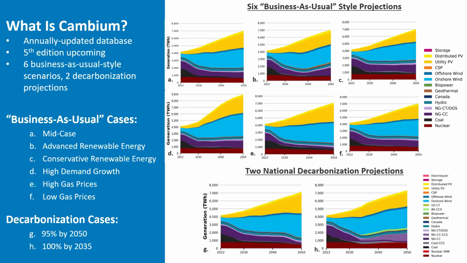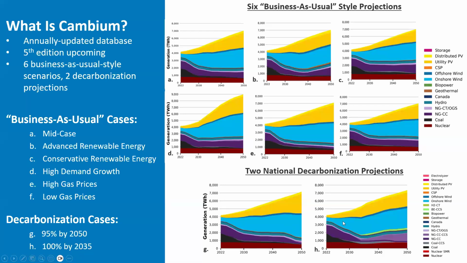And then, like I said, these are the 6 business as usual style projections, but we also have 2 scenarios where we impose decarbonization trajectories onto the US electric grid. So the model is basically telling us what is the least cost solution if you were to try to do one of 2 things. One of them being 95% decarbonization by 2050, net decarbonization, and then another one, a much more aggressive one, which is 100% net decarbonization by 2035.